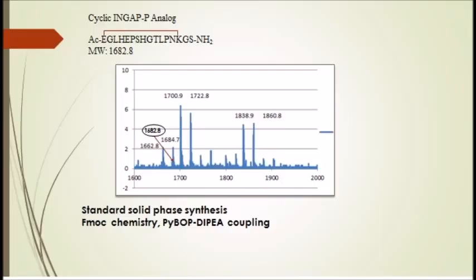In other words, the linear peptide may be a little too stiff to bend. Yet I have found there is at least a small amount of the cyclic peptide in this mixture.